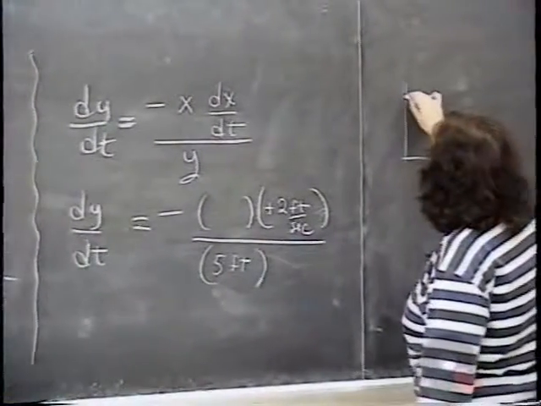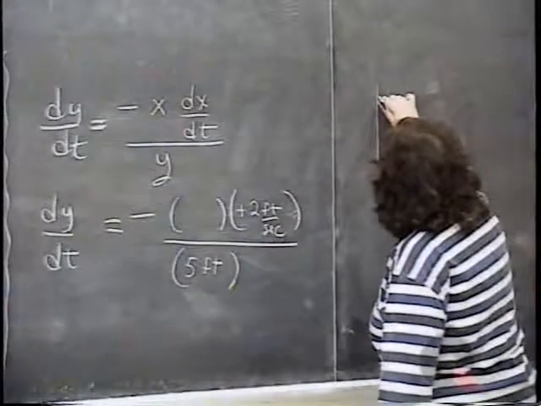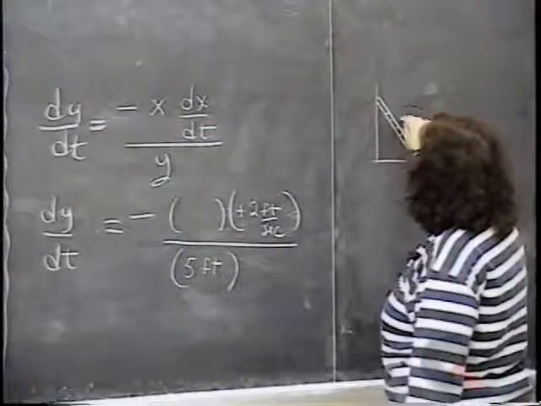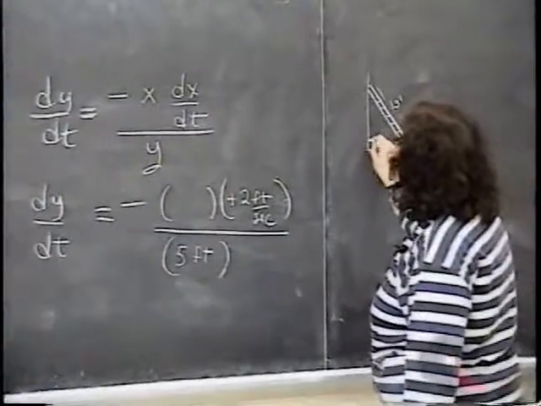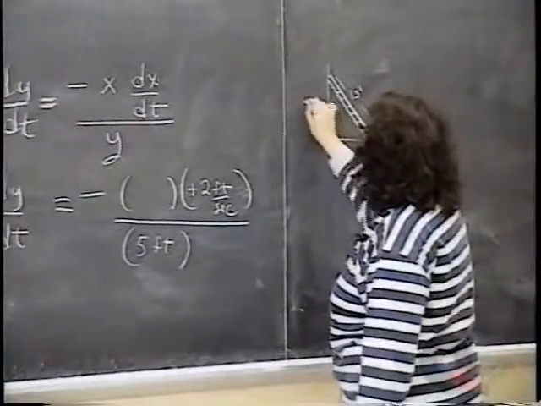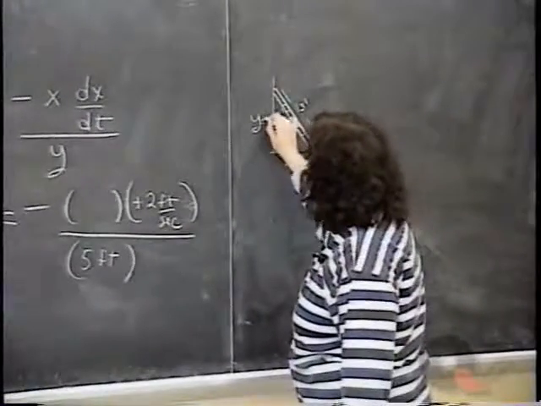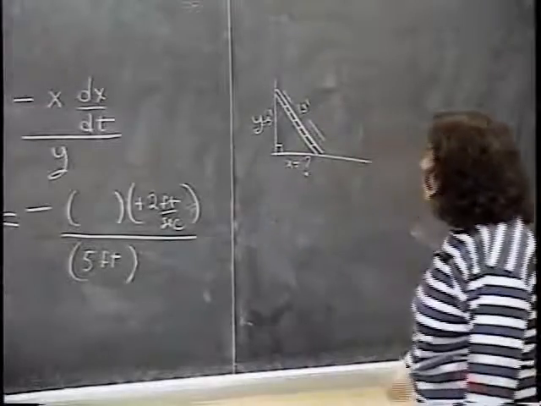Okay, we have our ladder. The ladder is always 13 feet long, but x and y, of course, are changing. At the moment when y is 5 feet, this is not being drawn to scale, we want to figure out what x is.